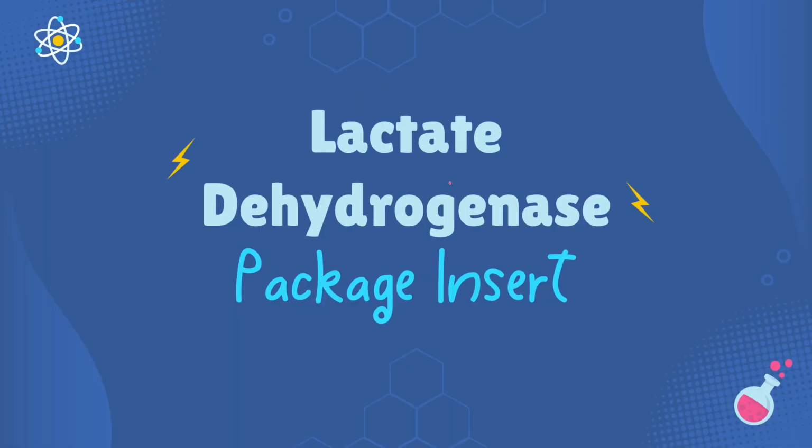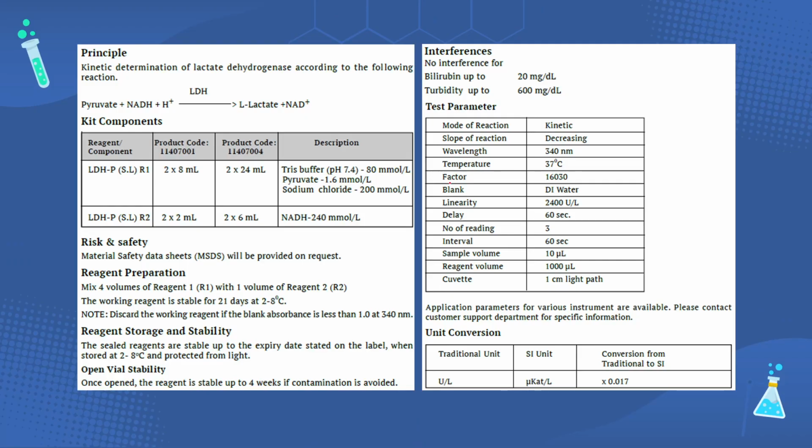So now we go to discussing your package insert. Looking at the principle of your lactate dehydrogenase, again, we are using your reverse reaction because we started with your pyruvate and looking at the product, which is your lactate.